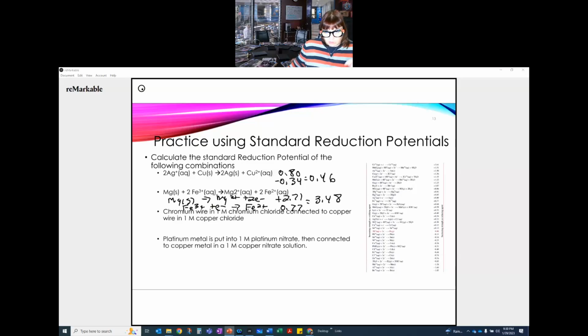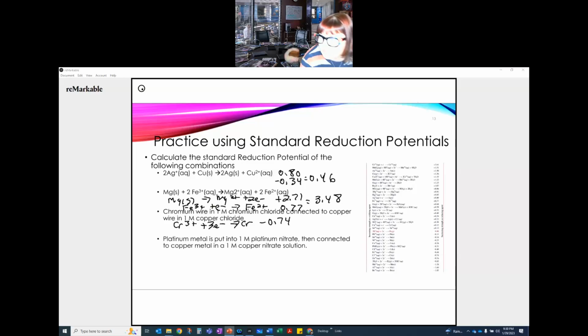Chromium wire in chromium chloride connected to copper wire in copper chloride. Okay. So chromium, Cr3+ plus 3 electrons goes to Cr. That value is negative 0.74.